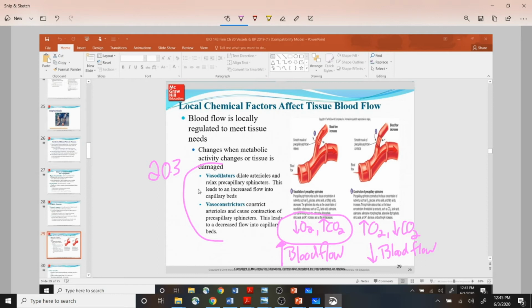I just pointed out oxygen and carbon dioxide, which can act as a local vasodilator here and a local vasoconstrictor here, but there are other local vasodilators and vasoconstrictors that can cause this to happen. We're just not going to look at them.